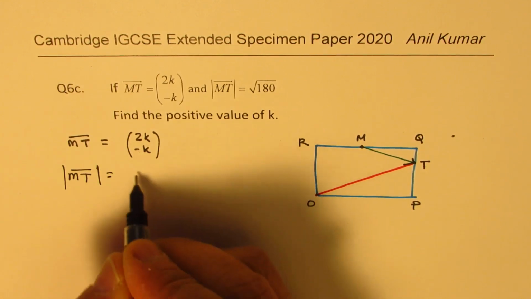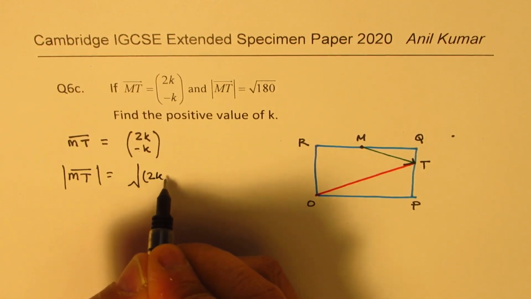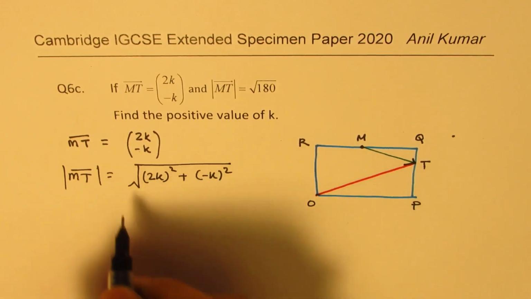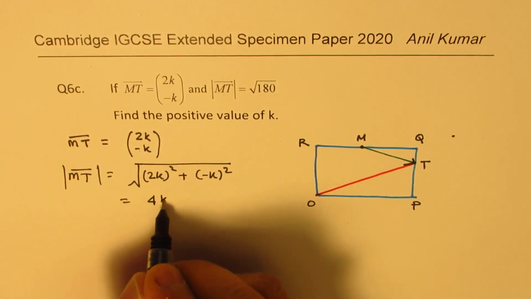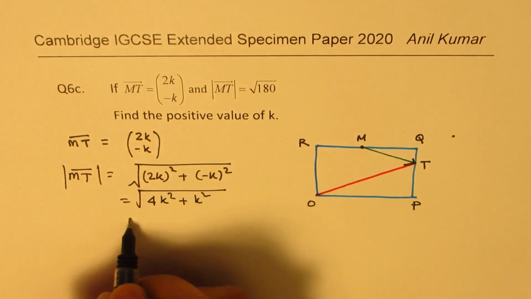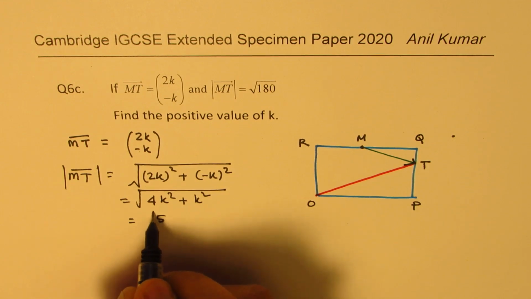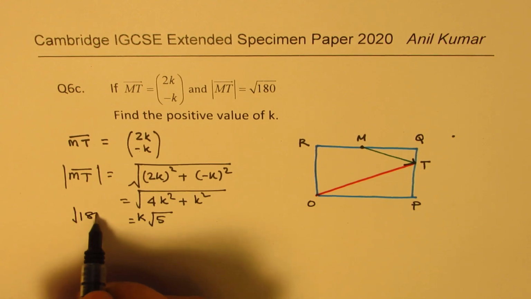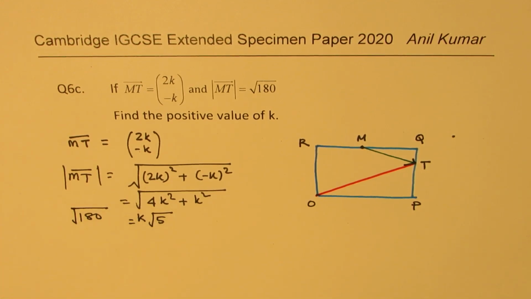The magnitude of this vector is square root of (2k) squared plus (-k) squared, right? So which is 4k squared plus k squared, that is 5k squared, and k can be taken outside, right? And this magnitude is equal to square root of 180. So we need to find what k is.